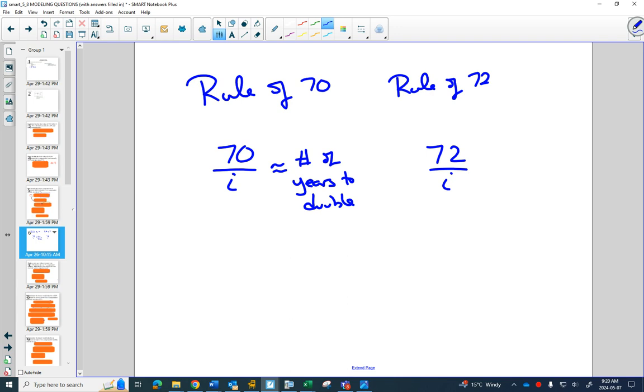You just use whichever one is easier to do mental math. So if I had 8% interest, I'd use the rule of 72, because 72 divided by 8 is nicely just 9. And if you got 8% interest, it would take about 9 years for your money to double. And it's just an approximation, but it's really, really close, scary close, that it's kind of cool.